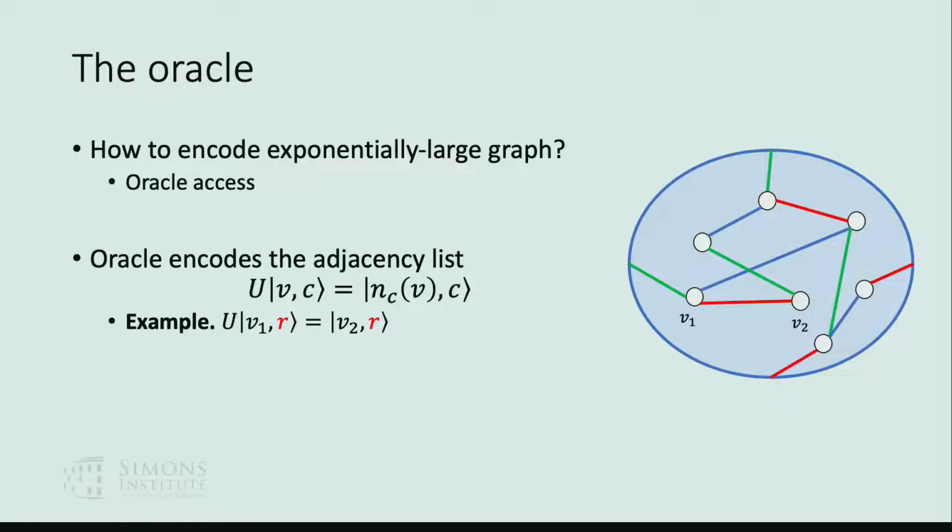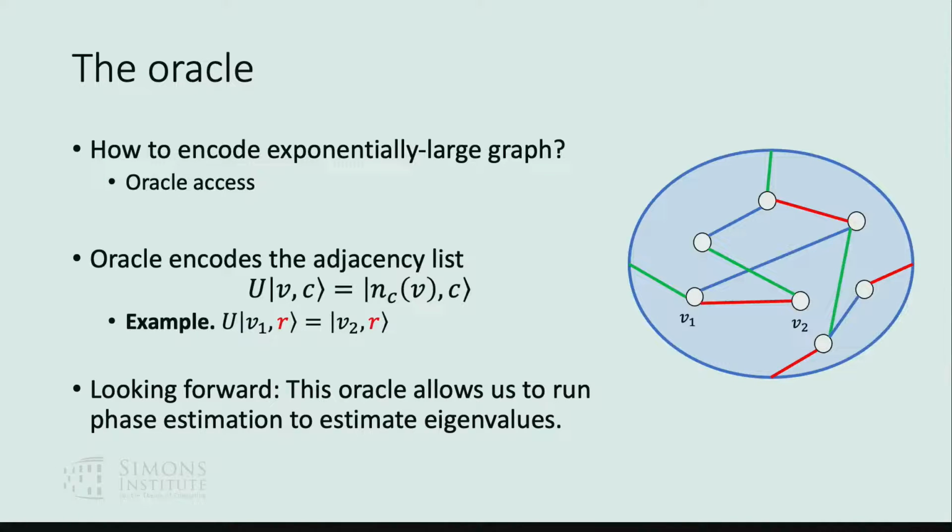So for example, here, you can ask, what is the red neighbor of V1? And it's going to give you V2. And that's a valid reversible operation because the red neighbor of V2 is V1, right? So if you apply it twice, you get the same thing back. And looking forward, this oracle, the way it's built, allows us to run phase estimation to estimate eigenvalues of the adjacency list matrix.